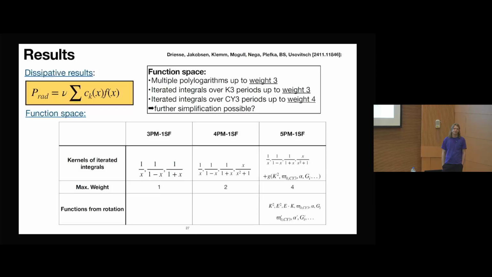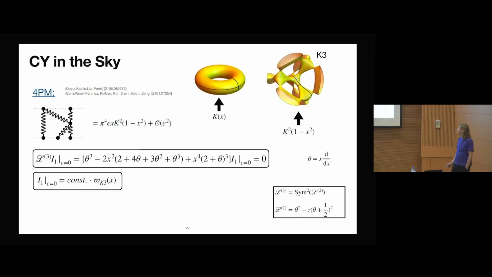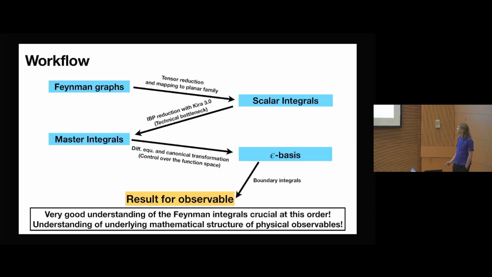Hi, sorry if you mentioned and I missed it. What's the outlook for the missing piece? On the next slide, you have the only missing piece. What's the outlook for that one? For that you have to do the 2SF calculation. What's the status? Is it hard? Is it doable? I mean, it's really hard. I think it's doable. If we go back to this, the problem is really just the IBP reduction.